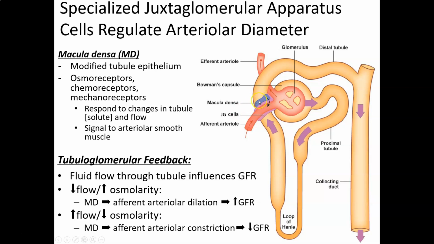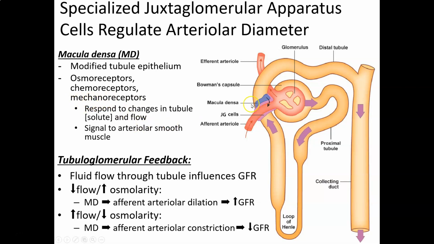So it's this purple area here, although it meanders all over the place from what I understand. The types of receptors that we find here are osmoreceptors, so they measure the osmolarity of blood, chemoreceptors that look specifically at the chemical composition of blood, and mechanical receptors for stretch and pressure in the kidney, perhaps even flow.